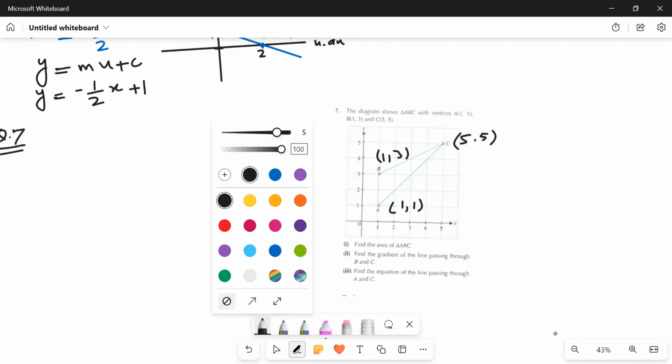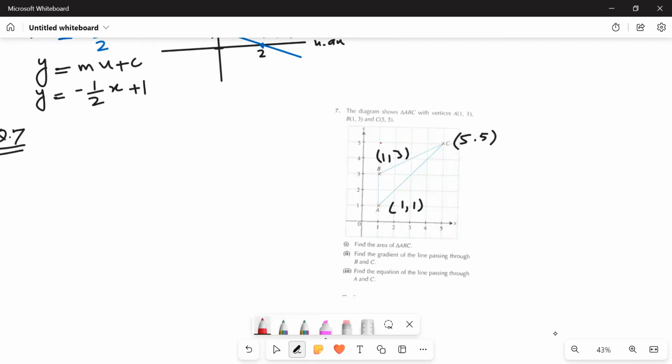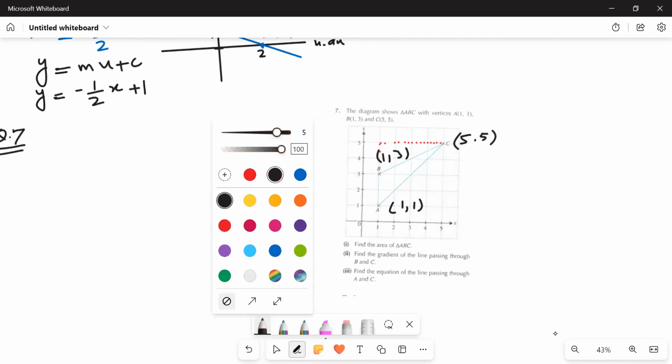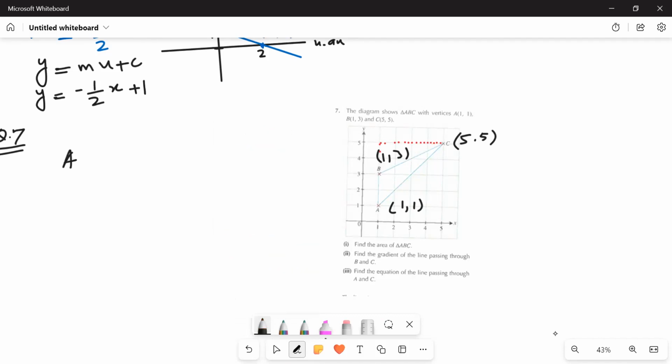So how to find the area of the triangle? We did it in 6A, I think. What is the formula for the area of triangle ABC?